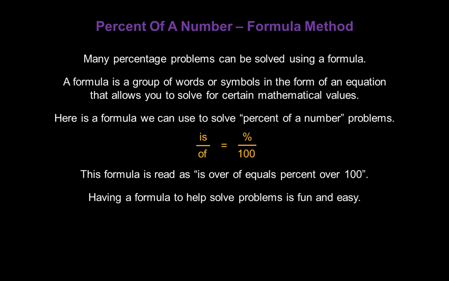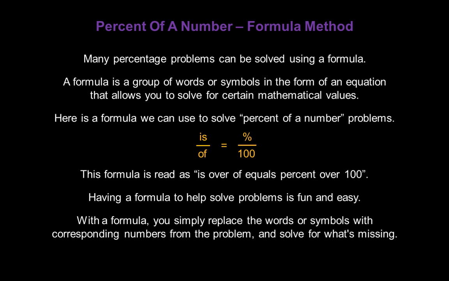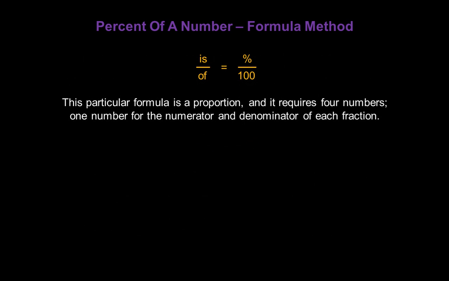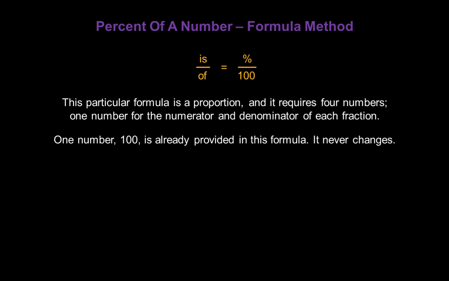Having a formula to help solve problems is fun, and it happens to be easy. With a formula, all you do is replace the words or symbols in the formula with corresponding numbers from the problem, and then solve for whatever's missing. This particular formula is a proportion, and it requires 4 numbers, one number for the numerator and denominator of each fraction.